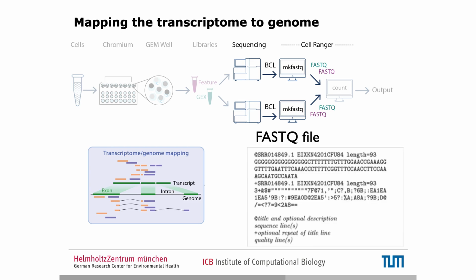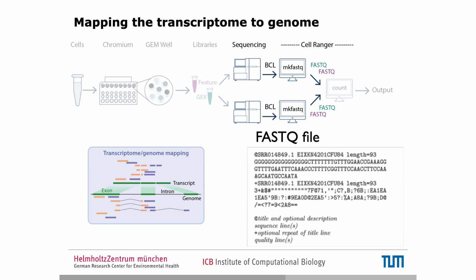All right, just briefly, this is how a FASTQ file looks like. So you always have the first line that starts with the @. Then it's followed by a sequence identifier and an optional description of the file.